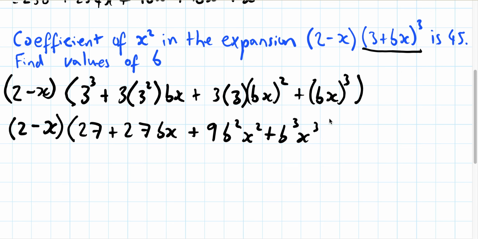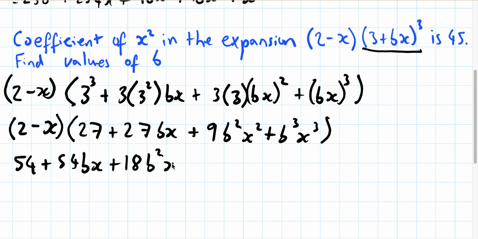Yeah. And now we're going to expand everything with the 2 and the minus x. So we'll times everything by 2 first, then times everything by minus x. So we have 54, add 54bx, add 18b squared x squared, add 2b cubed x cubed, and now times everything by the minus x.